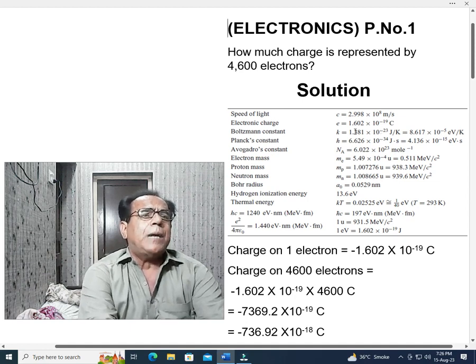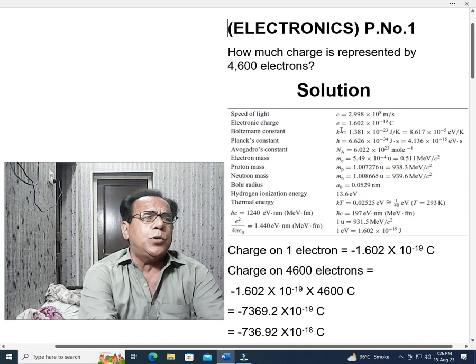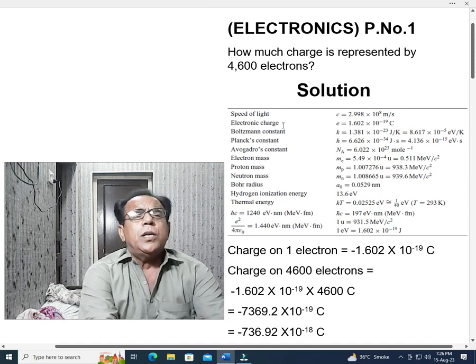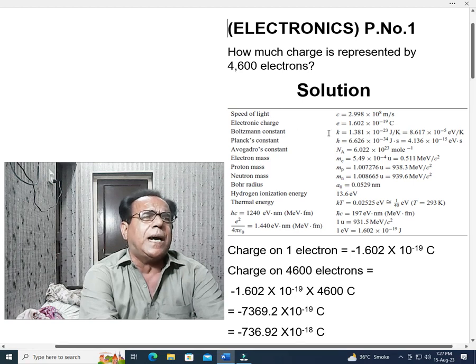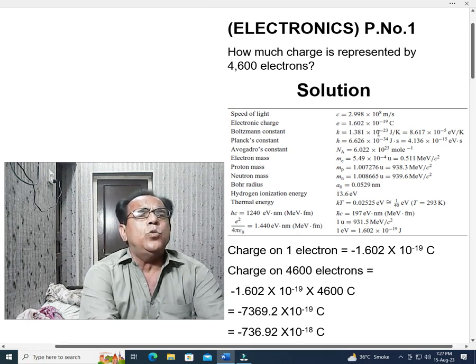Sometimes this charge is also denoted by small q. Sometimes this electronic charge is also called elementary charge. Anyhow, no difference whether we call it electronic charge or elementary charge and whether we denote it by small e or small q. Its value is so and so coulomb.